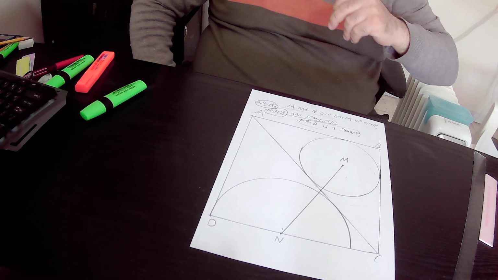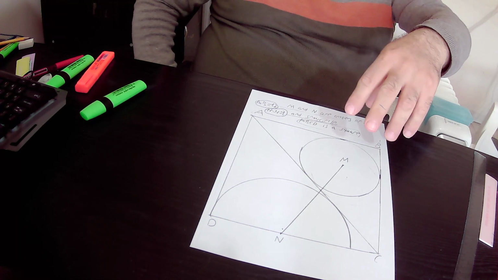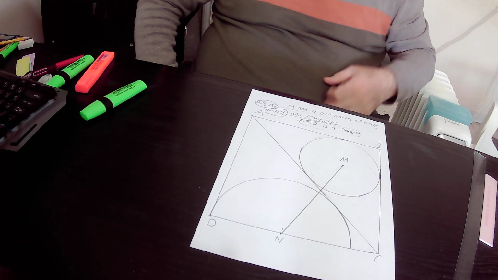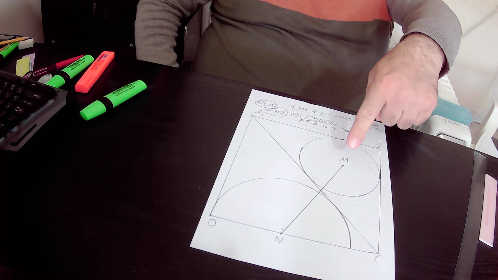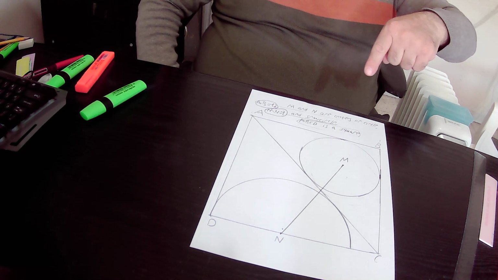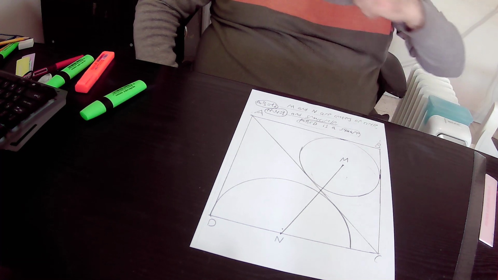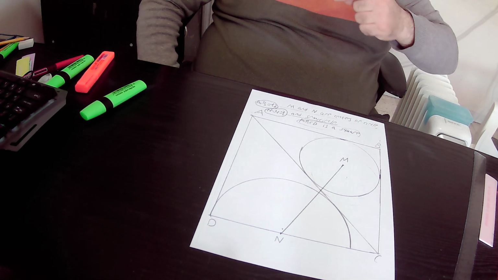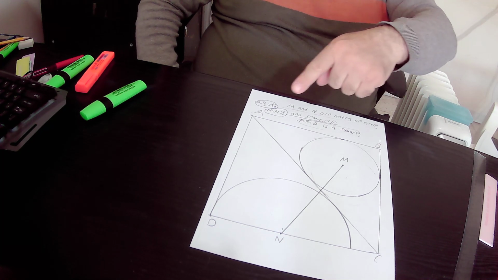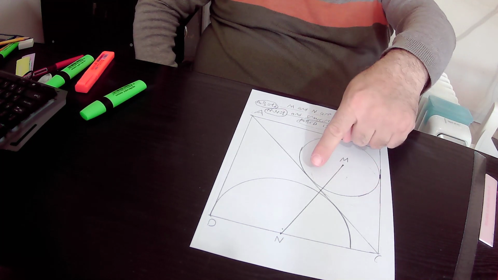Inside this square we have a circle and a semicircle. This circle is tangent to the square at 2 points, and this circle is also tangent to diagonal AC at this point.